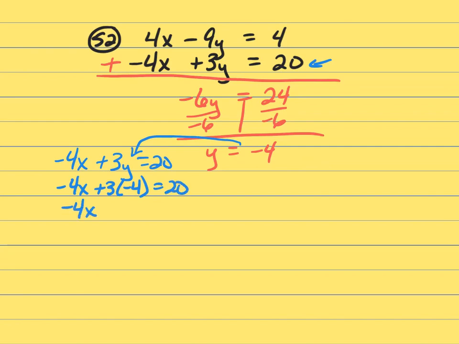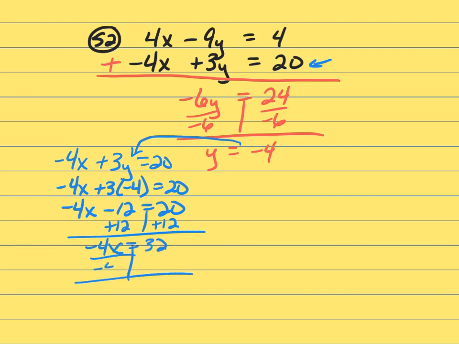And now I'm just going to solve this. And from here, add 12. Negative 4x equals 32. Divide by negative 4. And we get x to equal negative 8. So my answer is negative 8, negative 4.